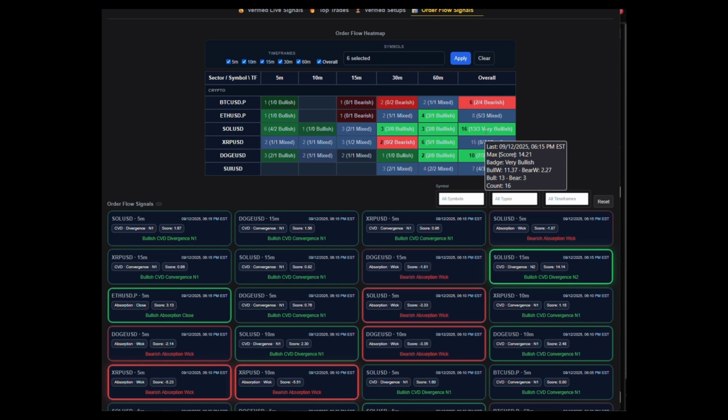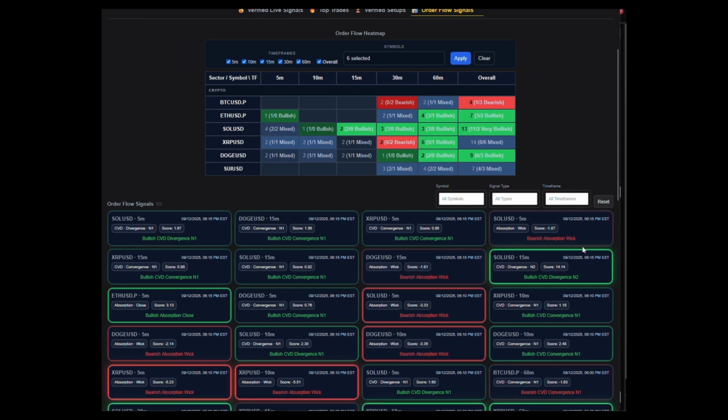The max score 14.21. The score of these order flow signals is determined by the statistical relevance of the individual signal itself. For example, if we go down here, bearish absorption wick with a score of negative 1.87. The higher the number, the more absorption there was.